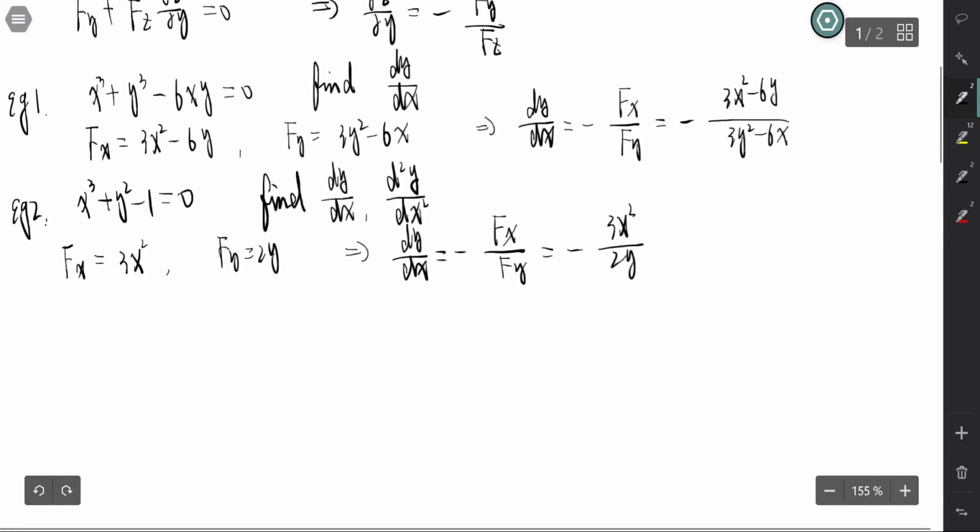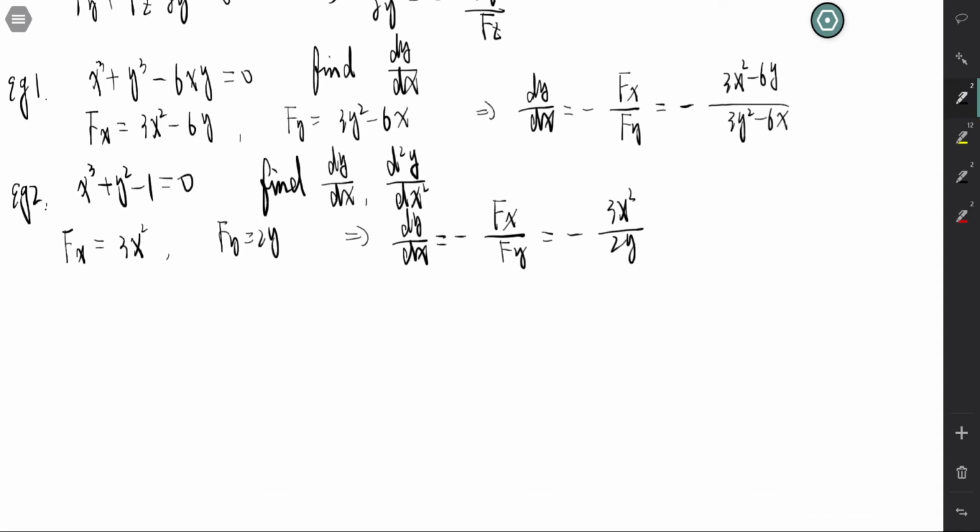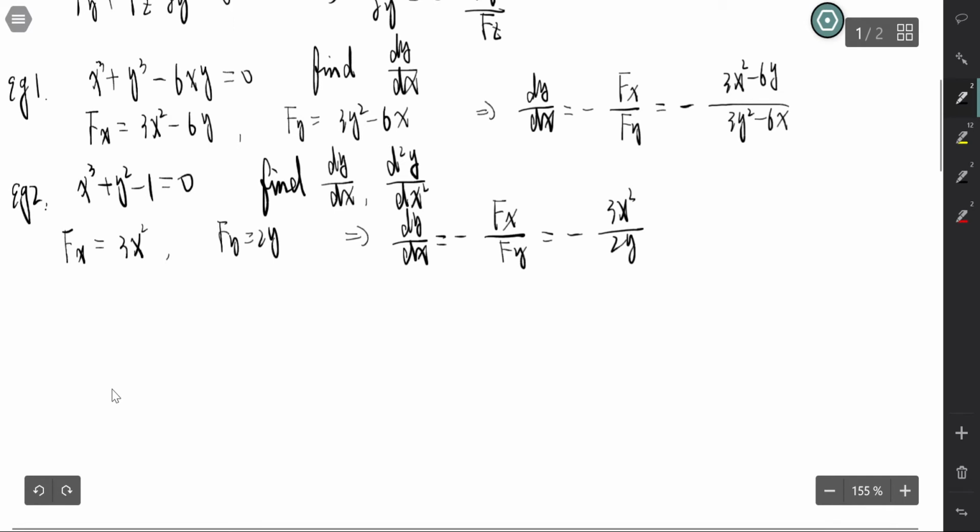For the second derivative, we take the derivative in terms of x of the first derivative. So d squared y over dx squared is d/dx of negative 3x squared over 2y.